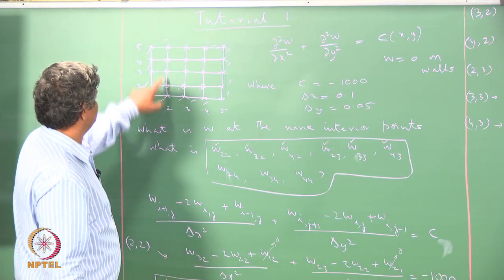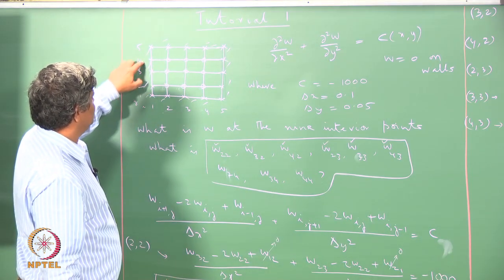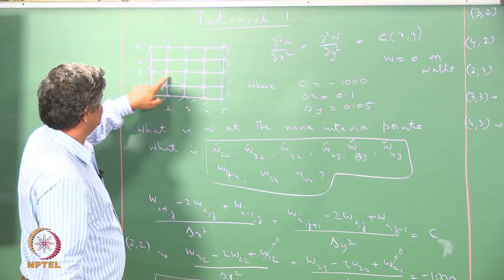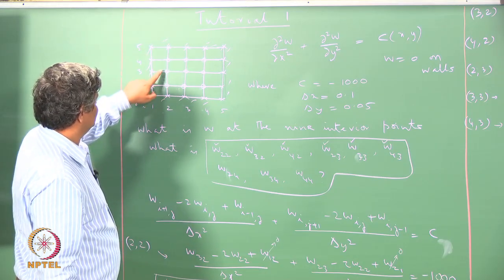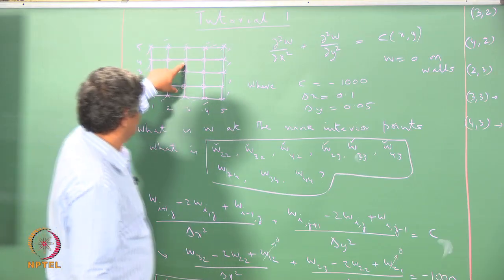We now have W24 here. We have nothing here, 100 of this plus 400 of this minus 1000 of this, and this is 0. So you have 100 of W34.